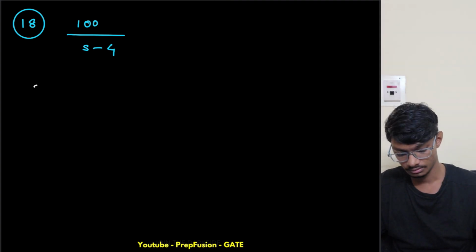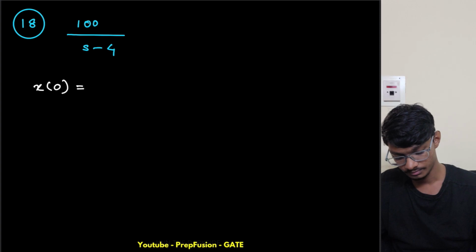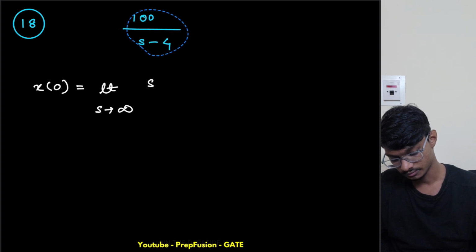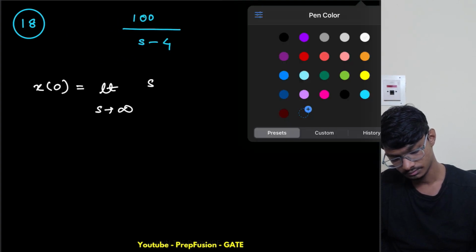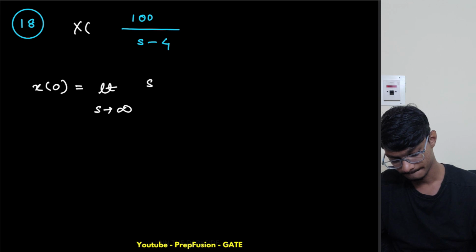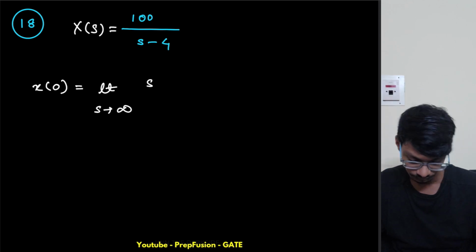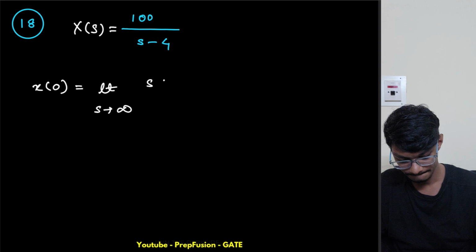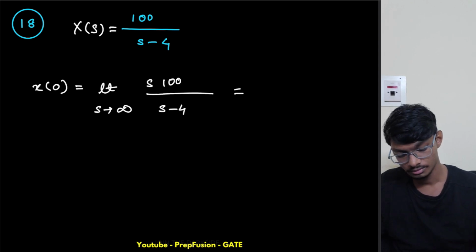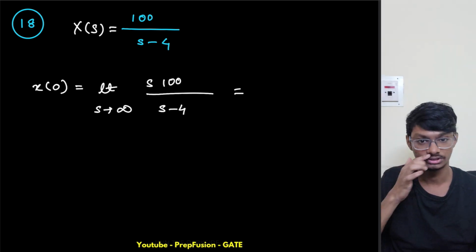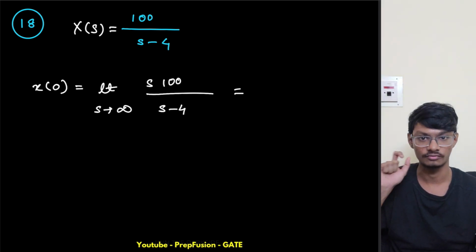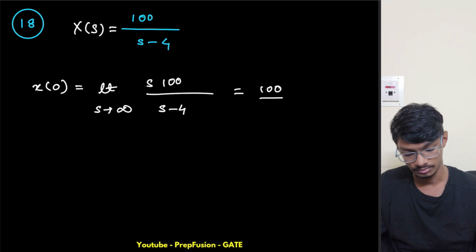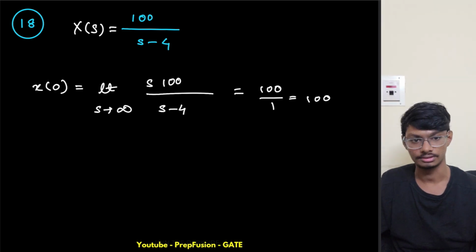The x of 0 will be the limit as s tends to infinity of s times X of s. Let me write this as x of s actually, else it's very confusing. Again we'll just take the coefficients of the s terms, so this is 100 by 1, this is 100.